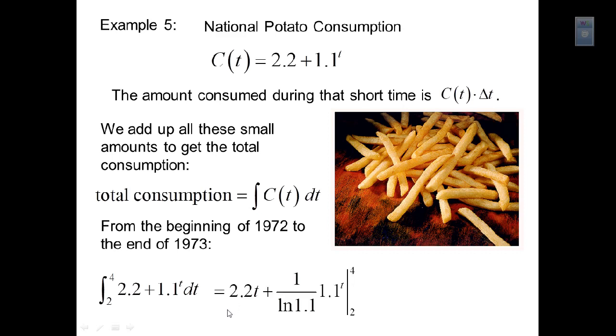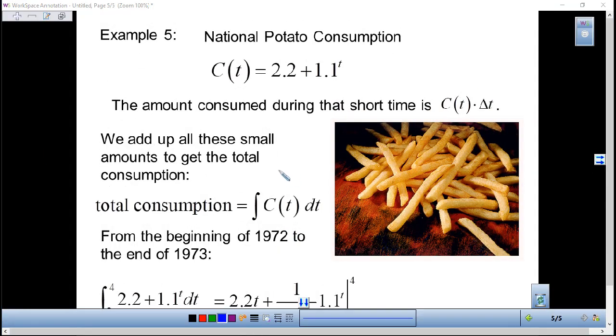So when we integrate this, we're going to get 2.2t plus 1 over the natural log of 1.1 times 1.1^t. Now if you forgot where that came from, remember we had our rule that the derivative with respect to x of a to the u equals a to the u times the natural log of a, where that's a constant, times u prime.